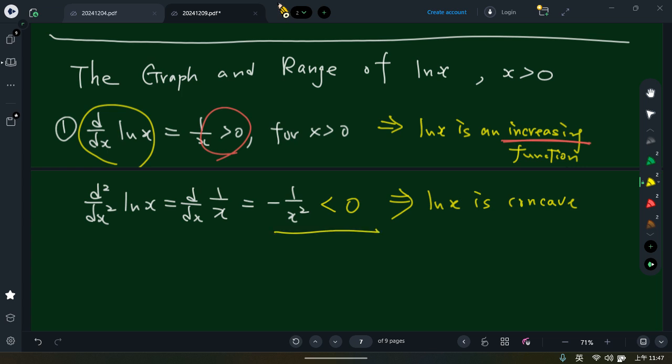Concave up or down. Here we try to use a second derivative, second order derivative, to check its concavity. So it is concave down, right?